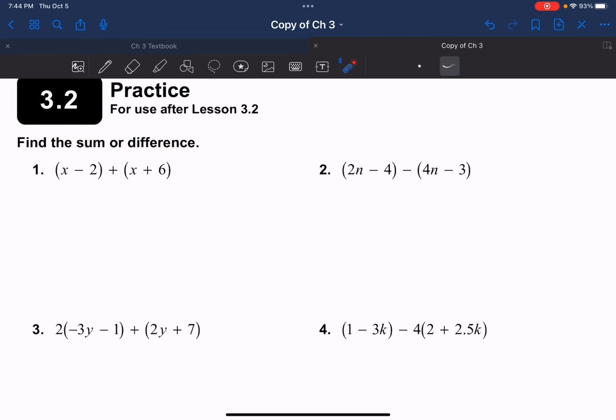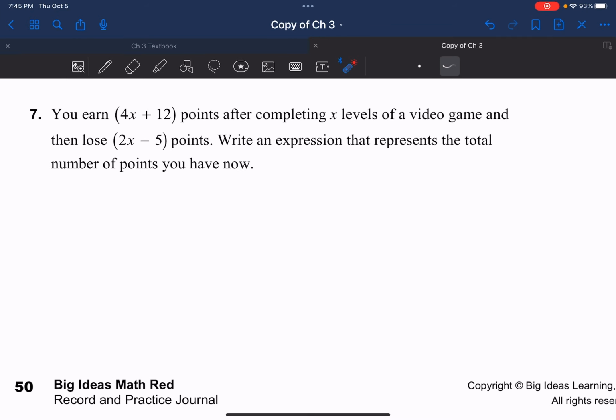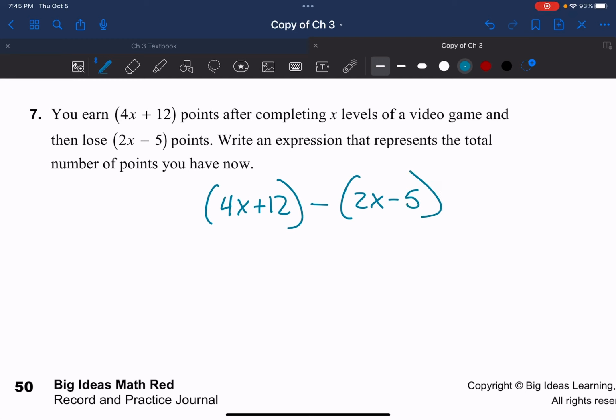But the word lose is a good big clue that we're going to be using a subtraction sign in the middle. So I'll help you set this up, but then I want you to solve it on your own. It'll be 4x plus 12 minus 2x minus 5. Remember, you're going to have to distribute that little -1 through there, and then you may combine your like terms.